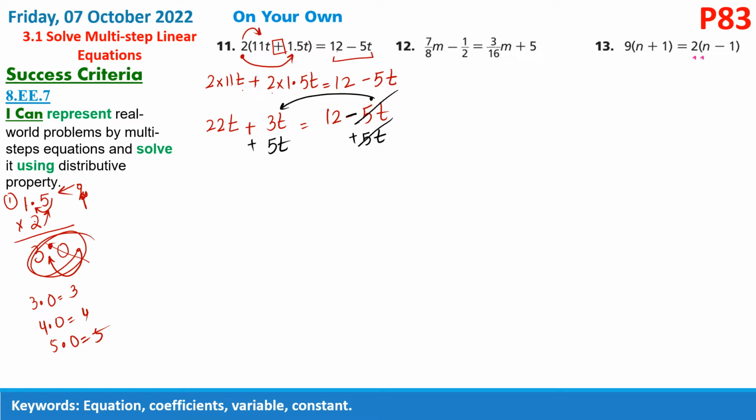Now come here. It is what? It is 22t plus 5 plus 3, 8 and then t equals to this thing left, so 12. Now understand that dollar can be added only by dollar. That is, dollar plus dollar gives you dollar.